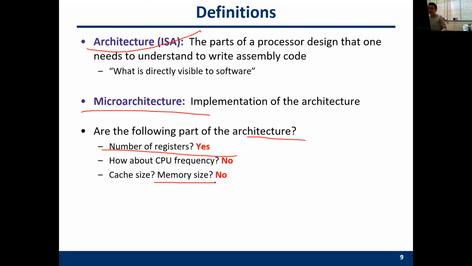The memory size is not your microarchitecture. If I ask you whether cache size is a microarchitecture, the answer is no. Why? Because only the L1 cache size is a part of the microarchitecture, while the last level cache size is not.